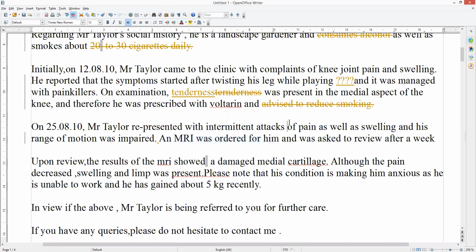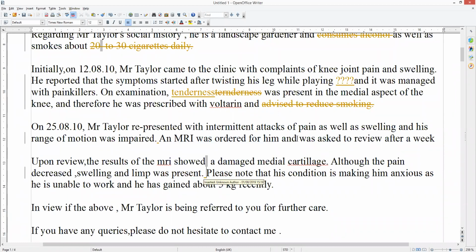So he was prescribed, an MRI was ordered, and was asked. So who was asked what? Who was asked to review? Now, if you're a doctor, do you ask your patient to come back? No, you tell them.